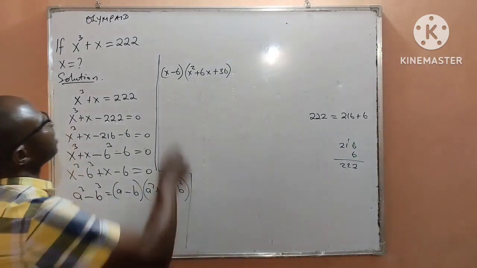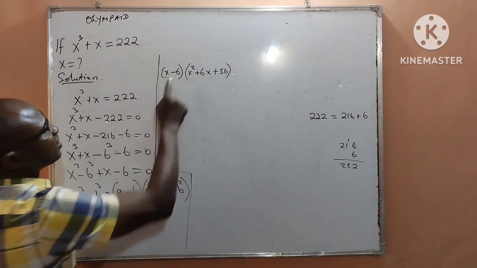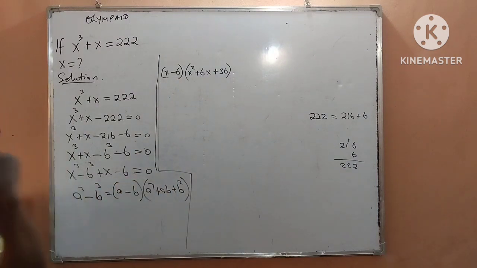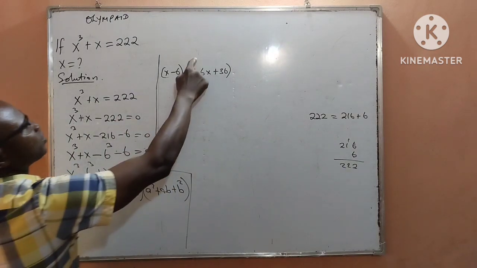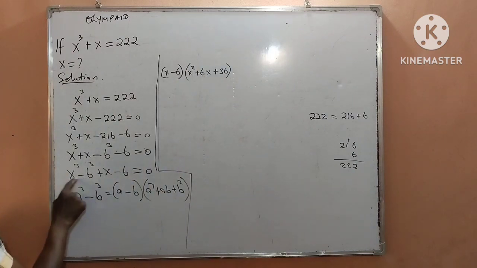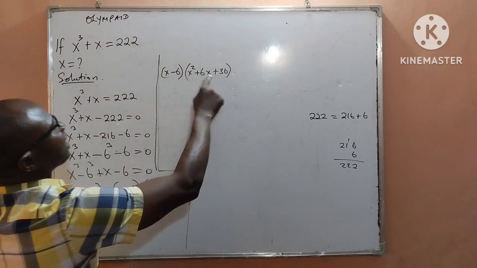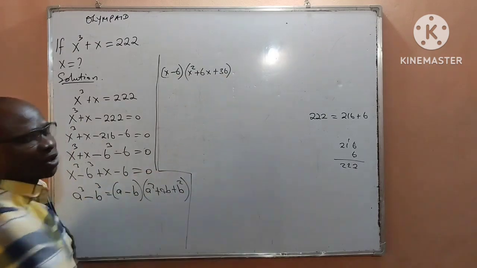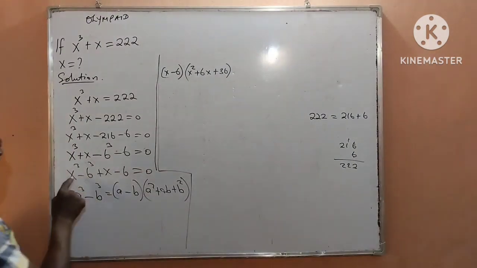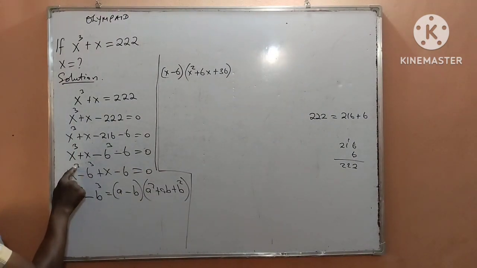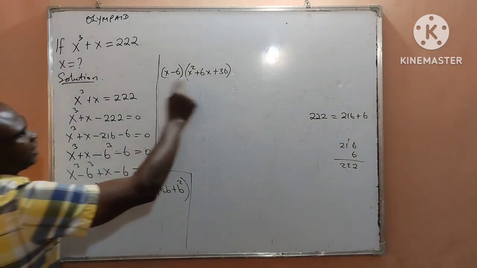This is very correct. x minus 6, that is this. Then x squared, 6 times x, 6x, and then 6 squared, 36. Then I have written x power 3 minus 6 power 3 in this form.